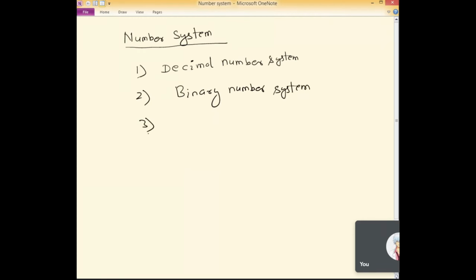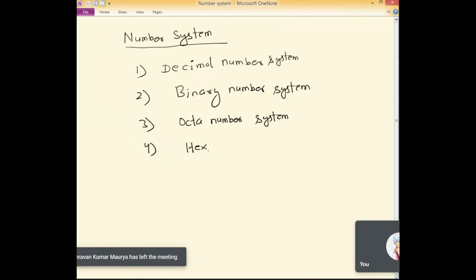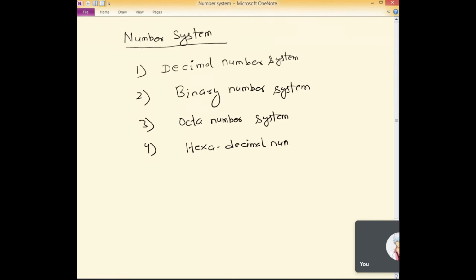The third one is the octal number system, and then the hexadecimal number system, and so on.